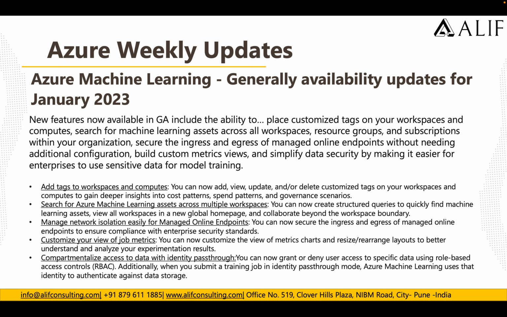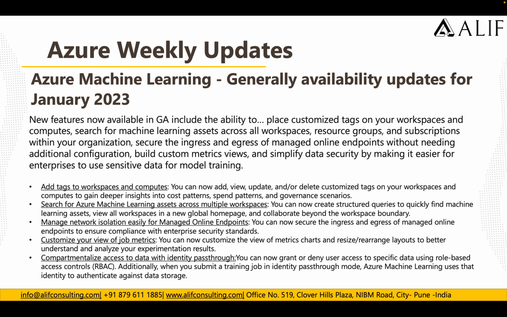The next update which we have is for Azure Machine Learning. In January 2022, Microsoft released some new general availability updates, which are currently available in GA. They include the ability to place customized tags on your workspace and compute, and search for machine learning assets across all the workspaces, resource groups, and subscriptions within your organization.